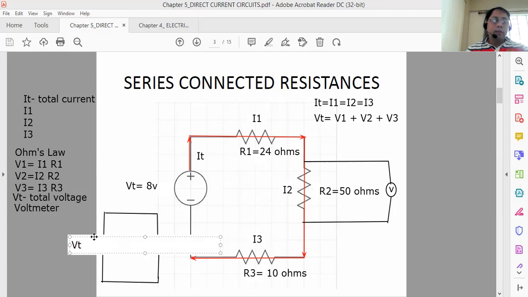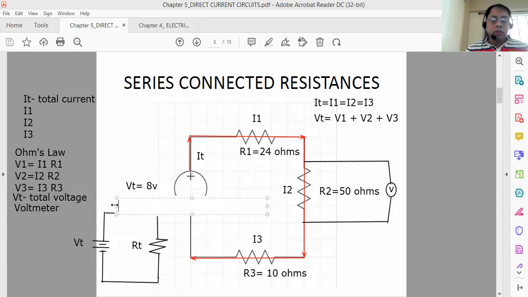Now, your V sub t, you can always relate in terms of Ohm's law to your total current that goes around in your circuit. So somewhere here, maybe there's a current going around our circuit. Ohm's law will tell you that IT times RT is equal to the total voltage.